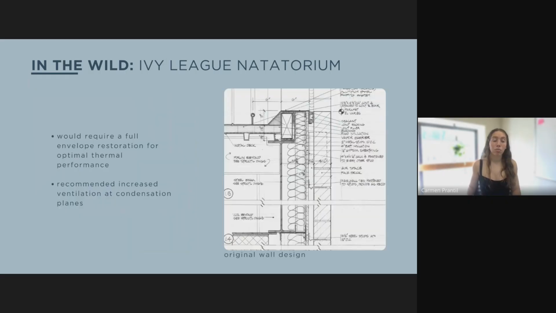So what to do about it? Well, option one was to look at reducing the amount of moisture in general, so bringing down the relative humidity inside. But this is pretty much a non-starter for an indoor pool. You've got 750,000 gallons of water sitting in a space. You're not going to bring down the relative humidity.